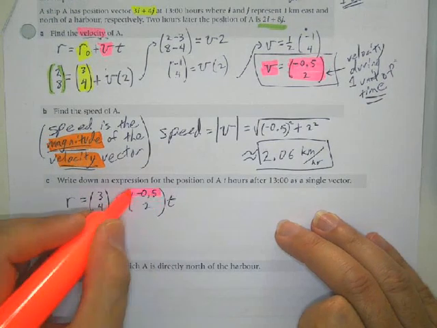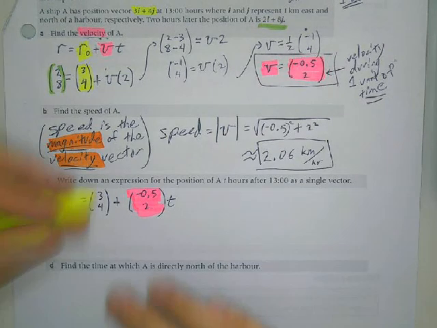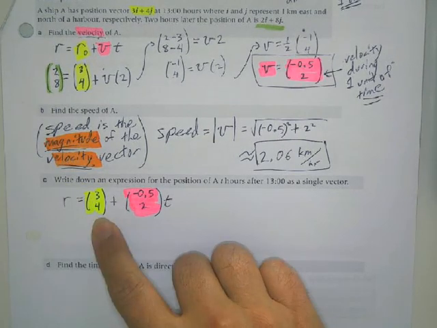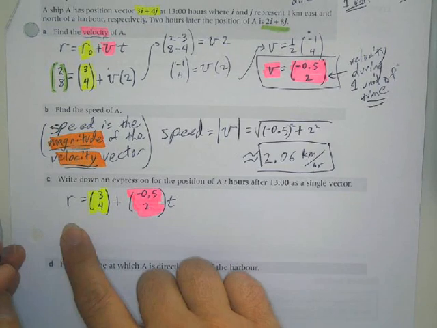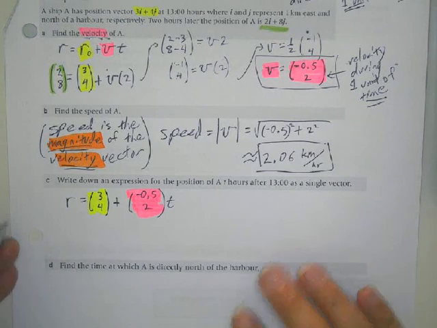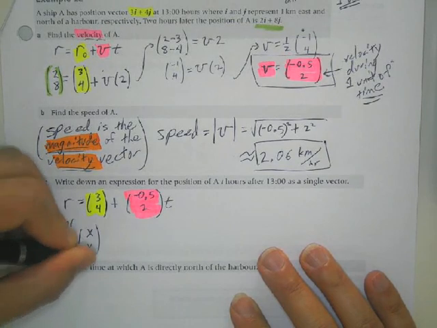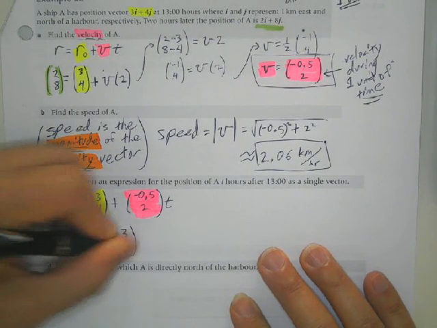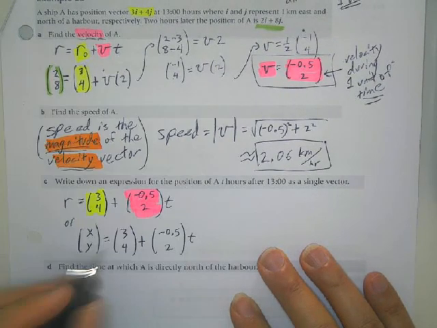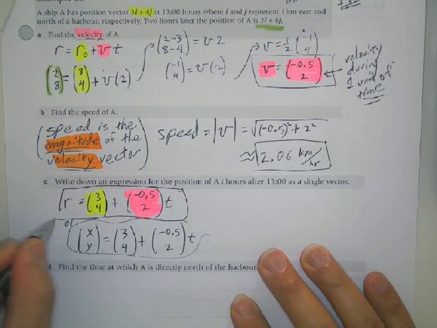So I've got my velocity vector for 1 unit of time, my initial position, and this is the result vector, the resulting position. Okay. You could also write it like this: x, y equals 3, 4 plus negative 0.5, 2 times t. Sometimes you're going to want to write it either way.